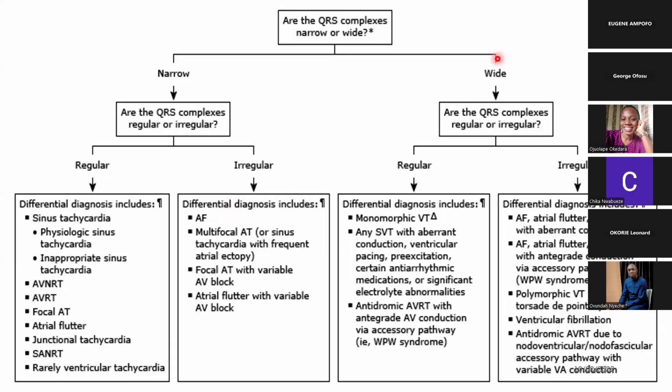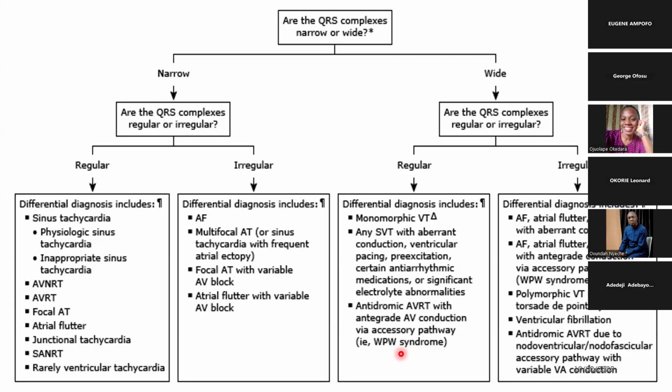And on the right side of the screen, if the QRS complexes are wide, then you need to ask yourself, is it regular or irregular? If the QRS complexes are regular, then you have these as the differential diagnosis: monomorphic VT, any SVT with aberrant conduction, antidromic AVRT with antegrade AV conduction.